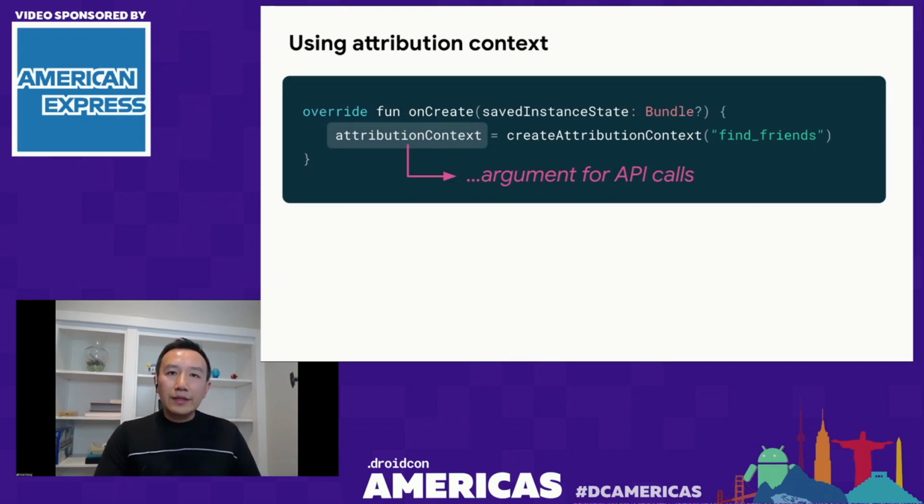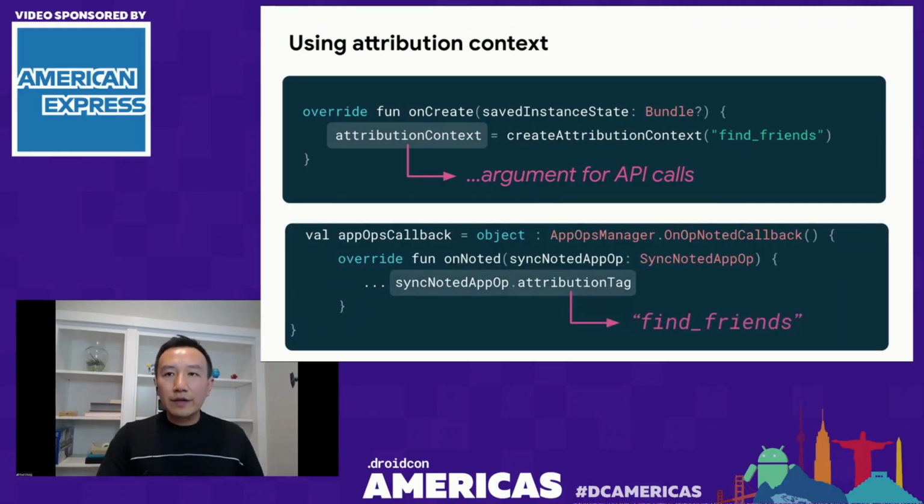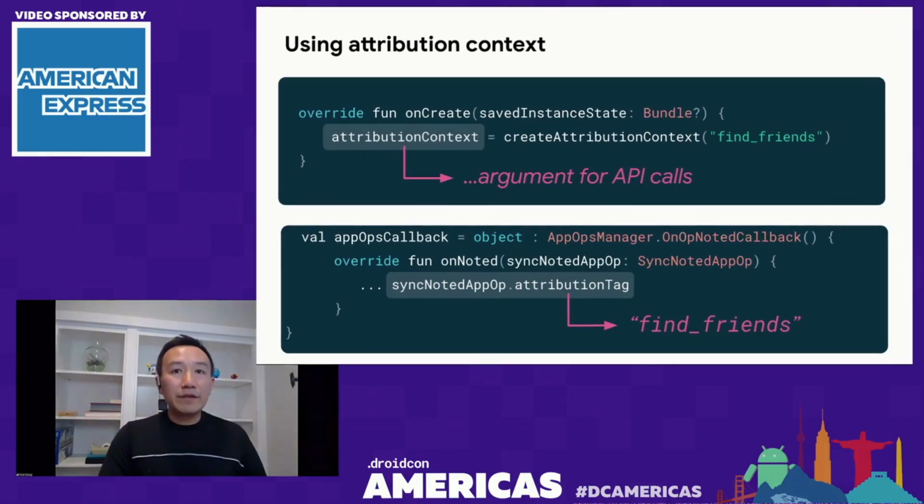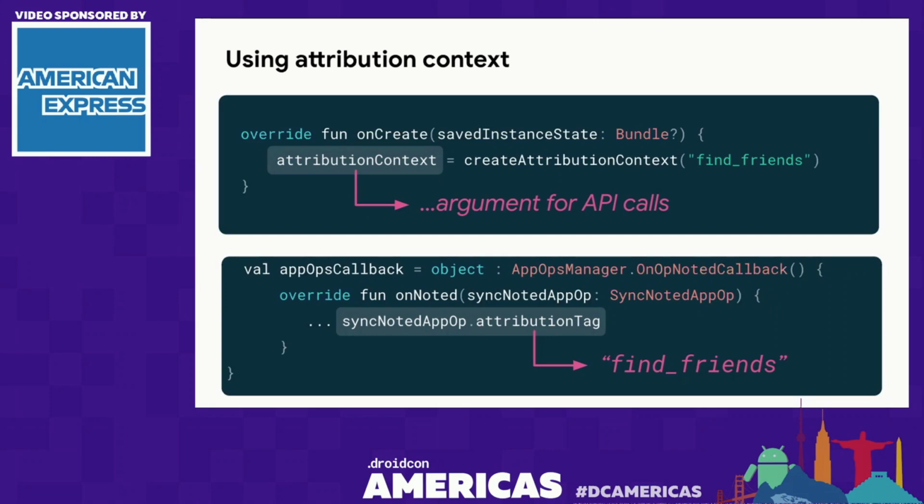Now, within the data auditing callback, remember we said that whenever your app attempts to, let's say, access sensitive data, for example, location data in runtime, this callback will be invoked. Now, as one of the input parameters for this callback, you'll have access to this field called attribution tag, and this will contain whatever name that you provide in the above code snippet, for example, find friends.